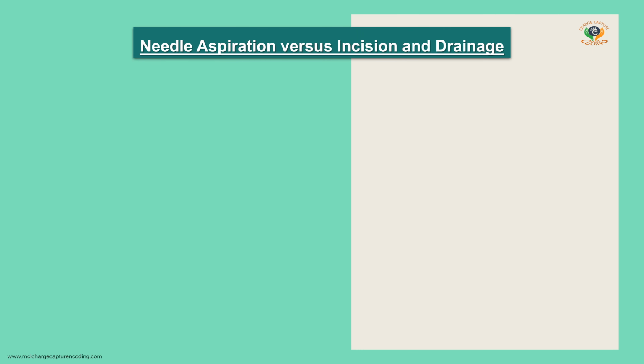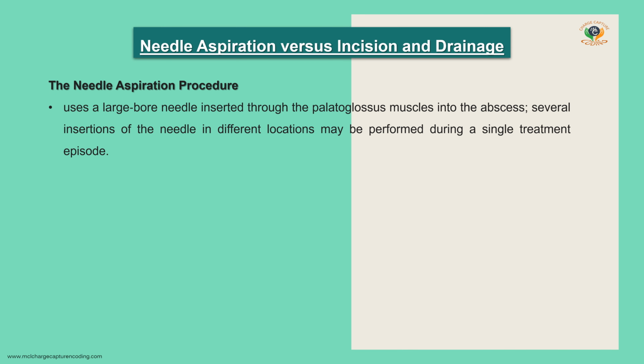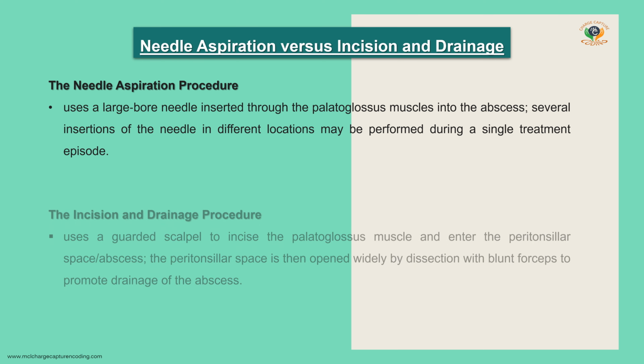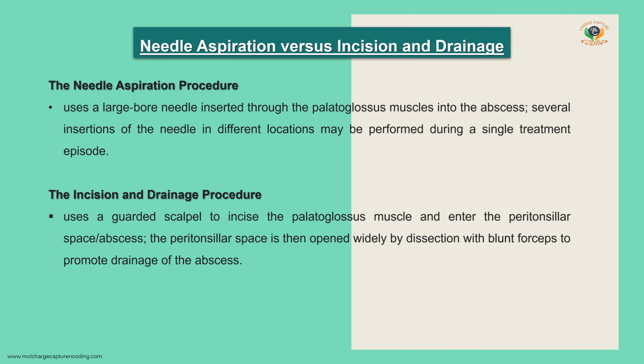Let us talk about needle aspiration procedure versus incision and drainage procedure. The needle aspiration procedure uses a large bore but slender needle that is inserted through the palatoglossus muscles into the abscess. Several insertions of the needle in different locations may be performed during a single treatment episode, while the incision and drainage procedure uses a guarded scalpel to incise the palatoglossus muscle and enter the peritonsillar space or abscess.